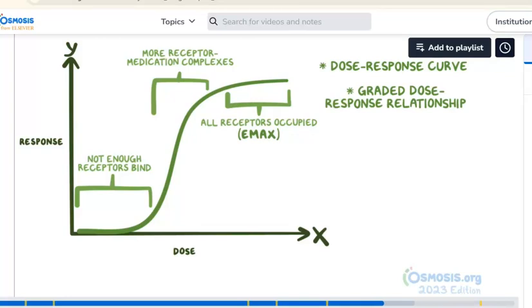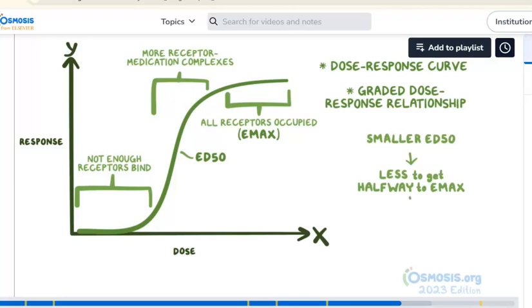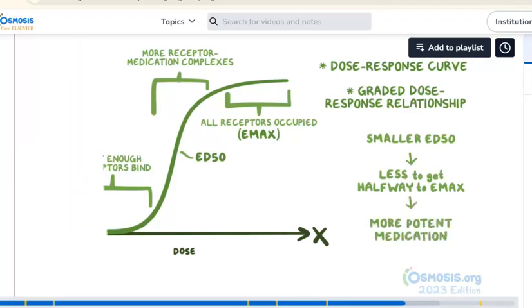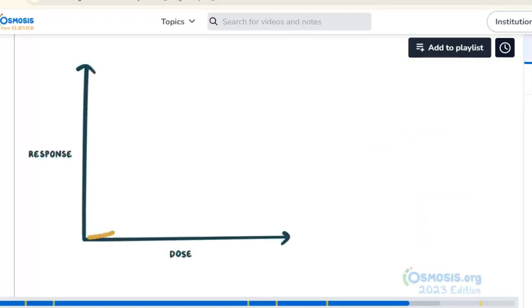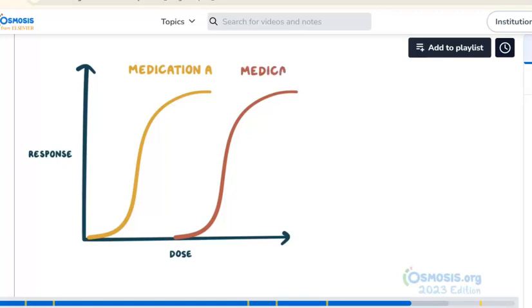efficacy. Now, if we move to the point where 50% of the maximum effect is produced, the effective dose of the medication producing this effect, known as ED50, marks its potency. So the smaller the ED50, the less it takes to get halfway to the maximum effect, so the more potent that medication is. To illustrate this, let's plot the dose-response curves of two medications, medication A and medication B, on the same graph.